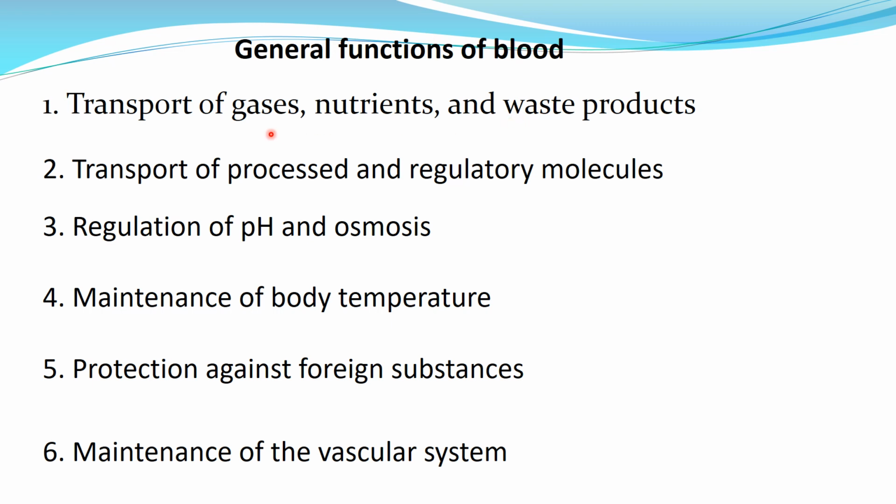As you know, from the respiratory system, the blood can carry oxygen to the body tissues and return the carbon dioxide from the tissues back into the respiratory system and the other systems to be eliminated from the body.